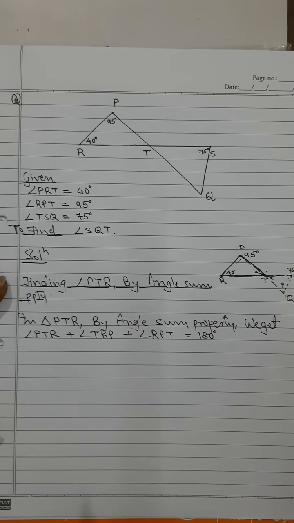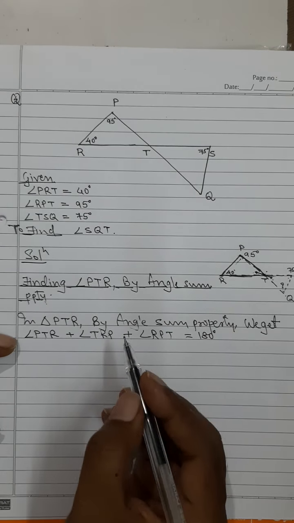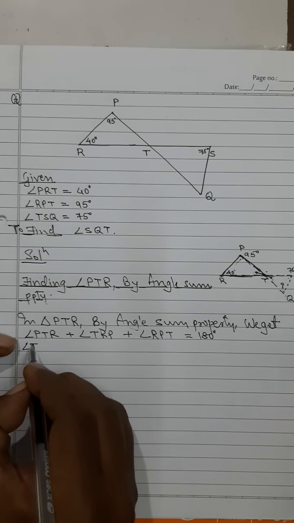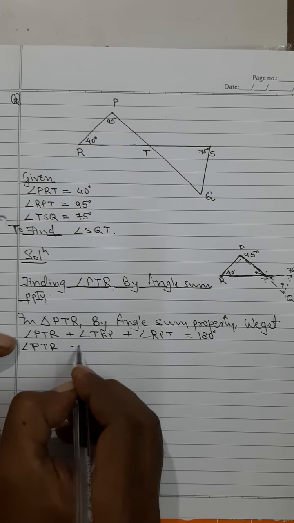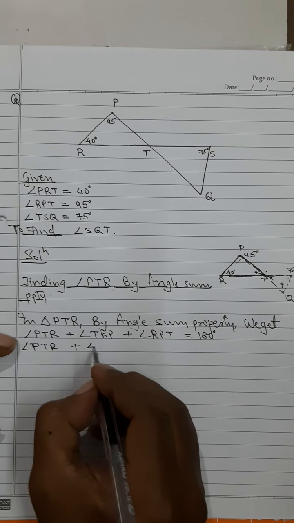Fine. Now, which angles do I know? Substitution. Angle PTR I don't know. So angle PTR, angle TRP I know, 40 degrees.